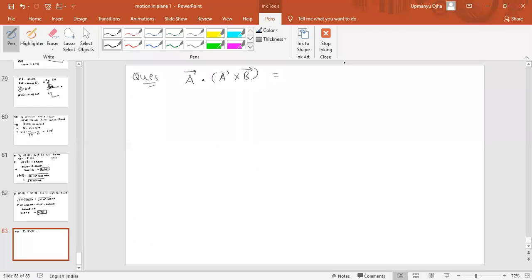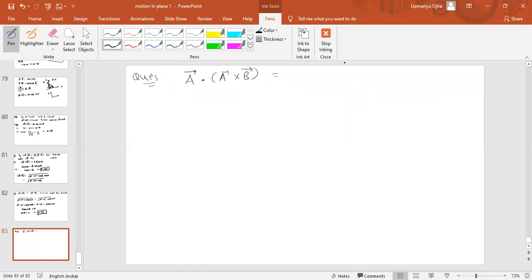A B sine theta, mod A, okay, A square B square sine theta cos theta. Okay, somebody has got the answer for this? A square B square, okay.